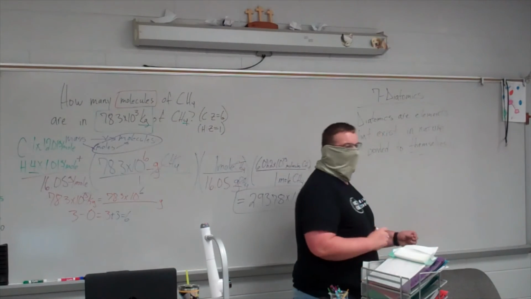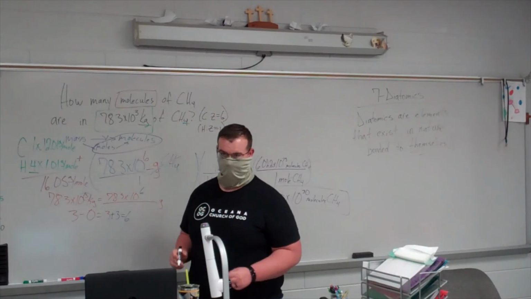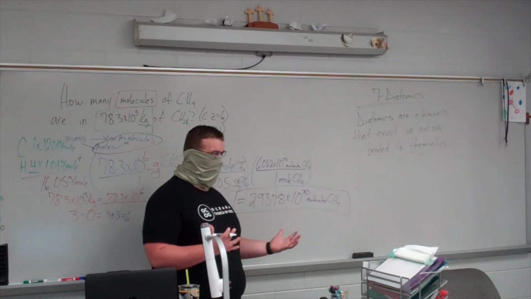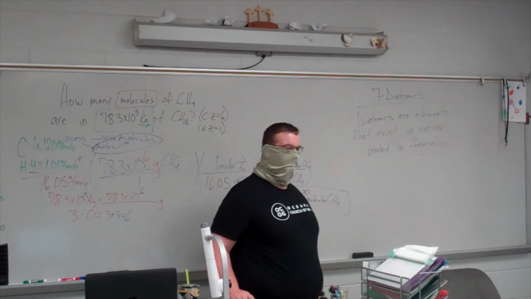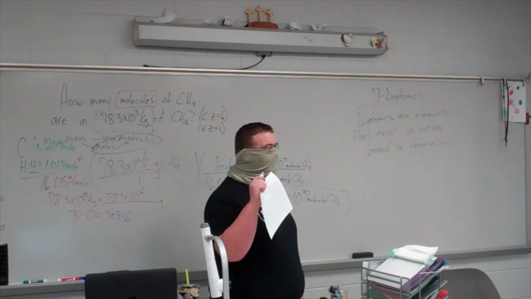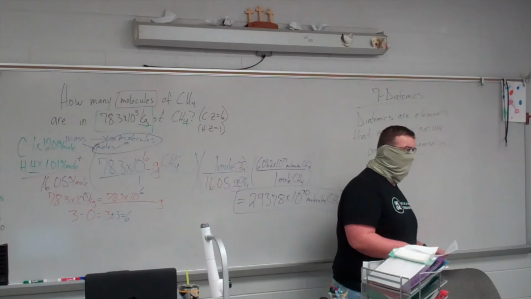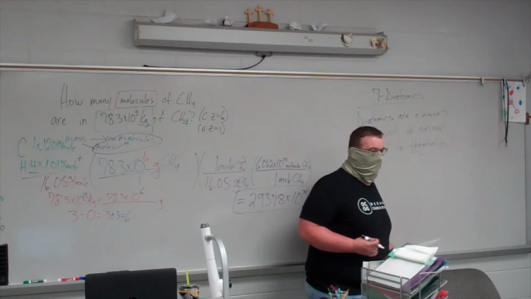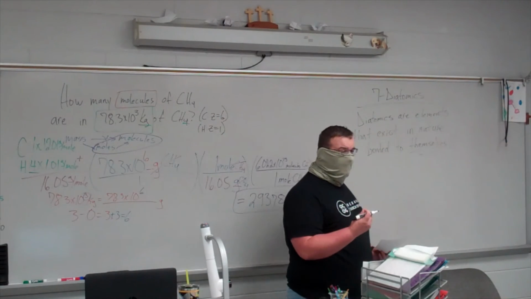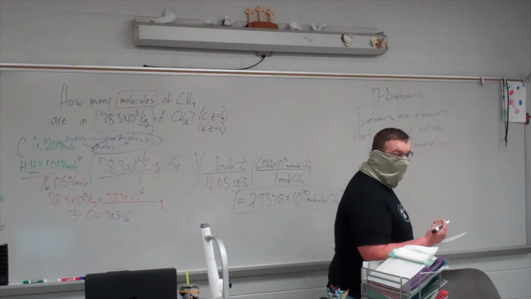So here's the thing that makes this a trick. You've heard of oxygen. Oxygen is a perfect example. On the periodic table, you see there for oxygen the average atomic mass is 16. If I give you a problem and I say the word oxygen, oxygen is a diatomic.